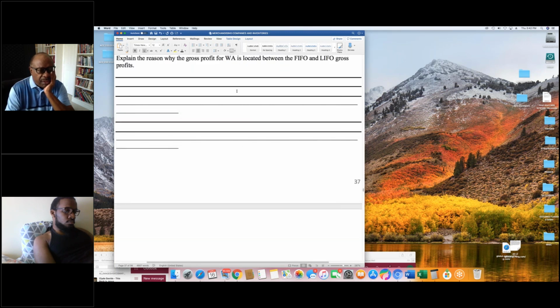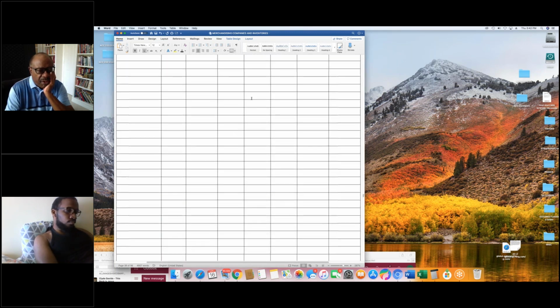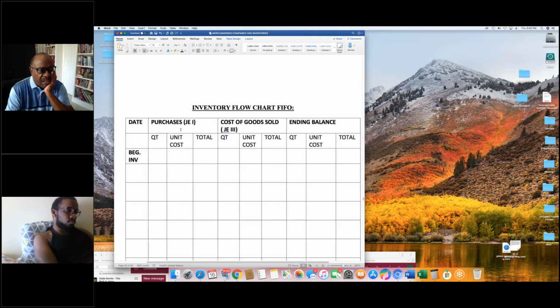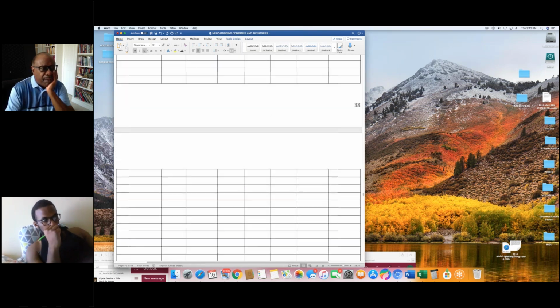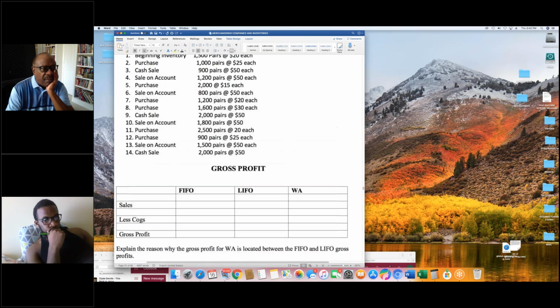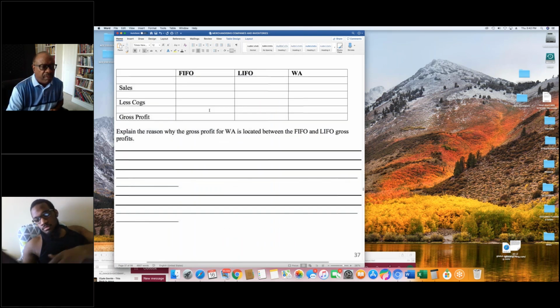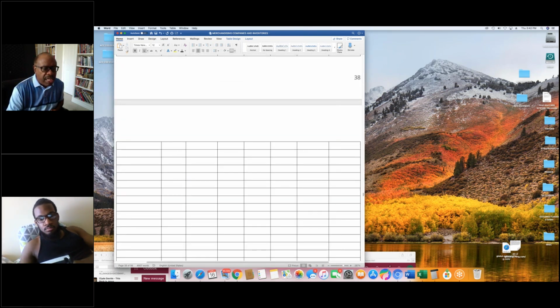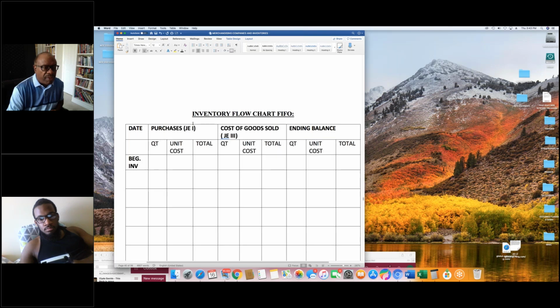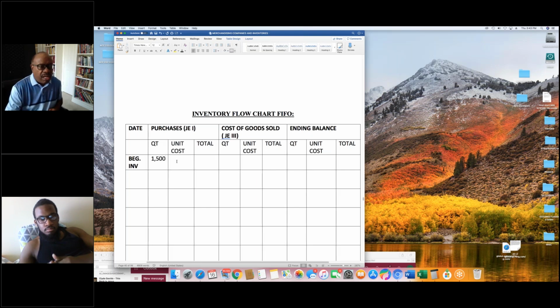And so if we go to the inventory chart, we have beginning inventory of how much? 1,000 at 20. So in our beginning inventory, 1,000 units, unit cost is 20. So the total is what? 20,000.